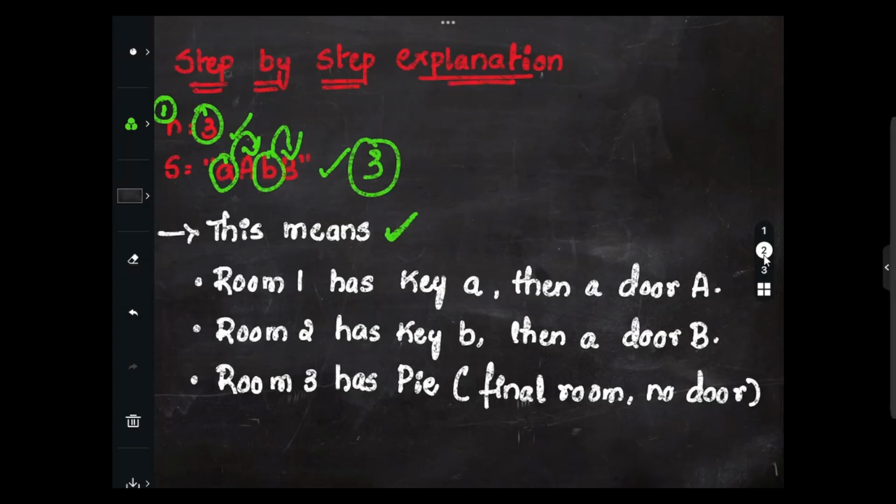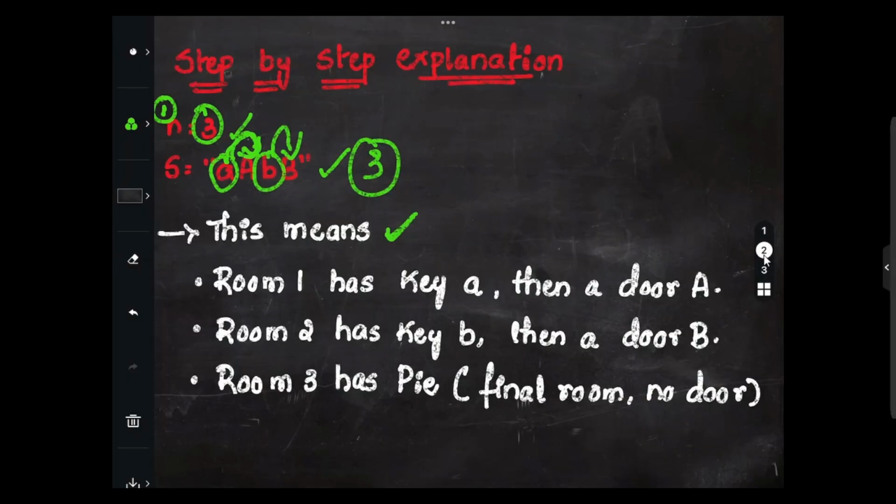So as we have the key for A and B, we can reach here quite obviously. For the capital A door, we have the small a, nothing but the key. For the capital B door, we have the key, small b.